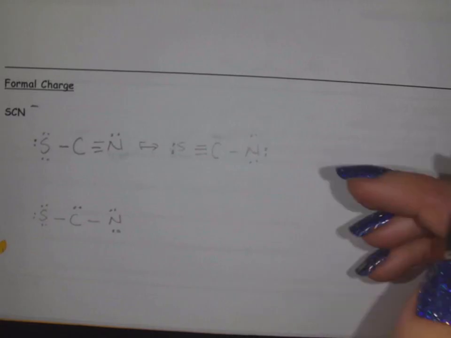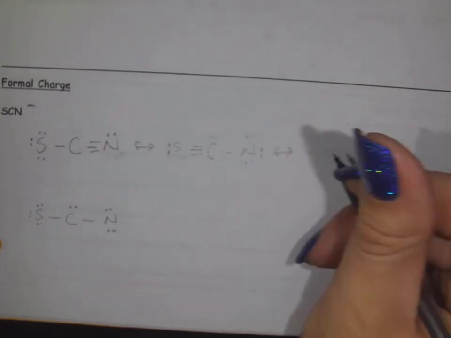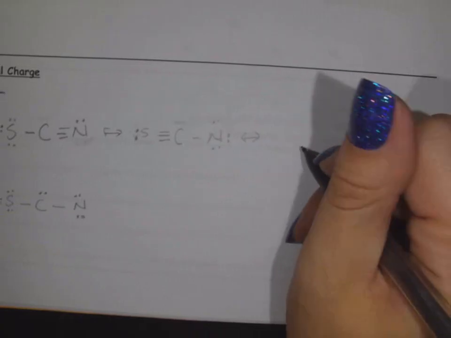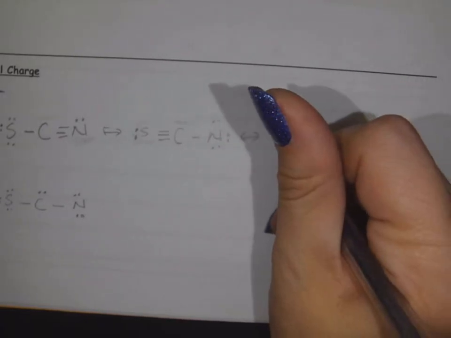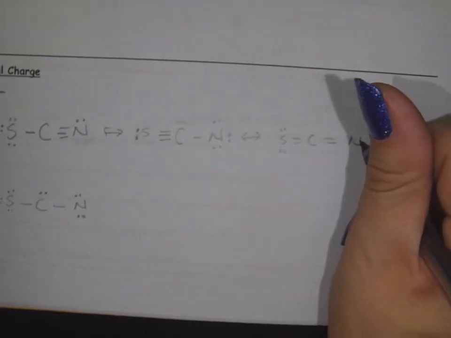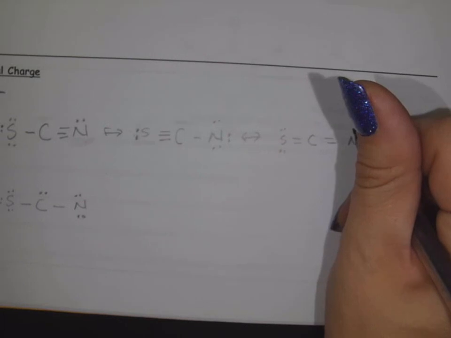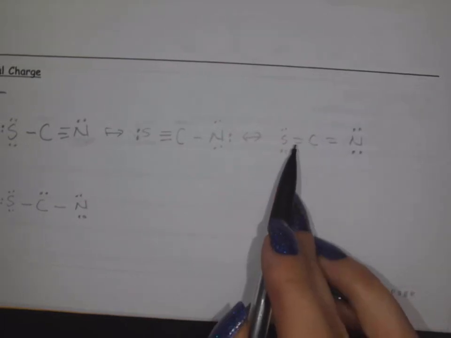Another way that this one could happen is, what if we had double bonds on both sides? Right?